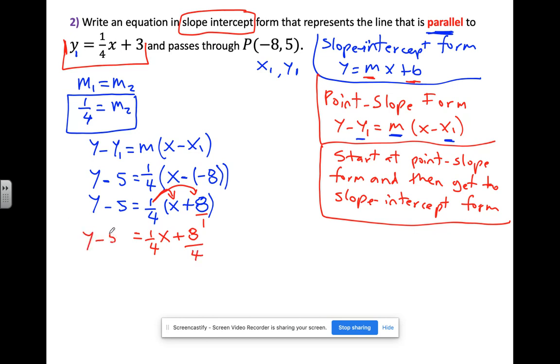Y minus 5, I'll finish. Let me solve this fraction. So I'm going to have y minus 5 is 1/4 of x, and 8 divided by 4 is 2.